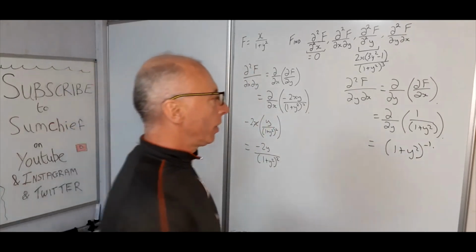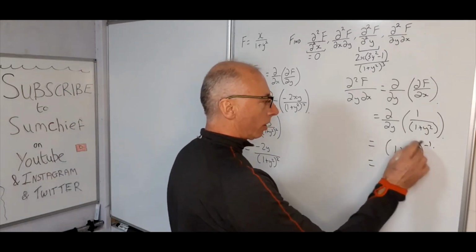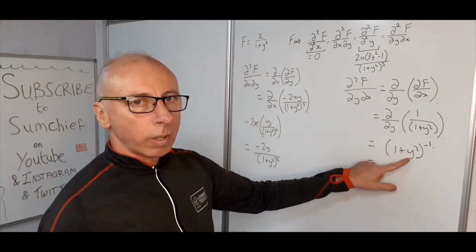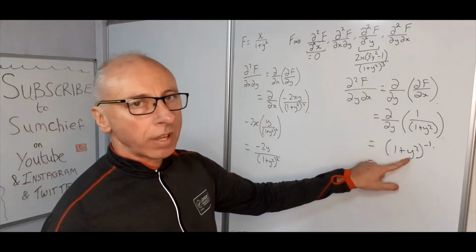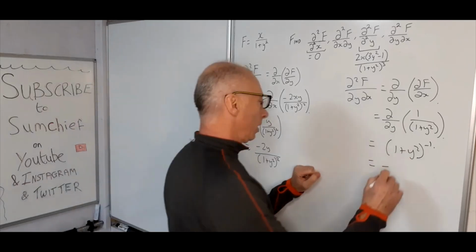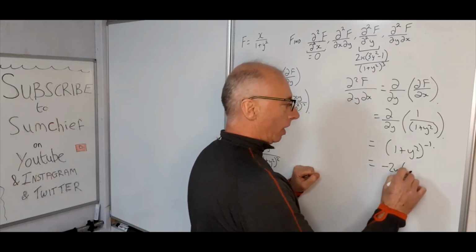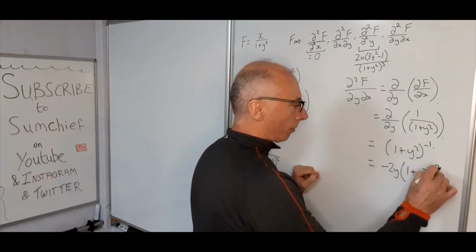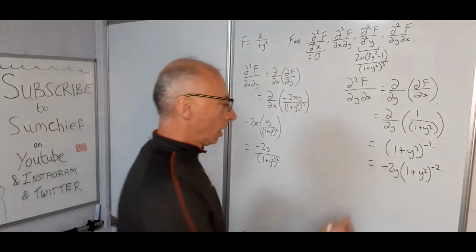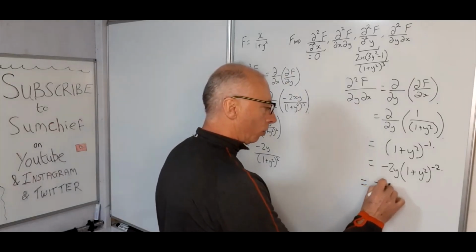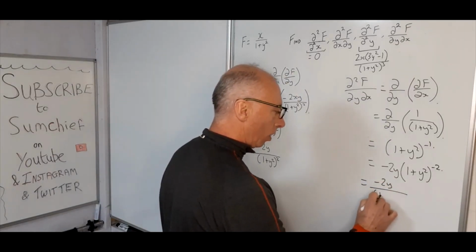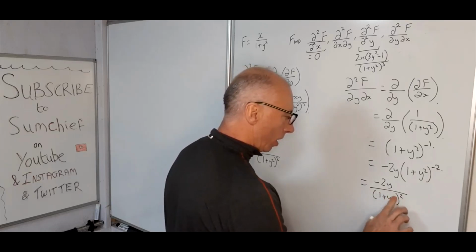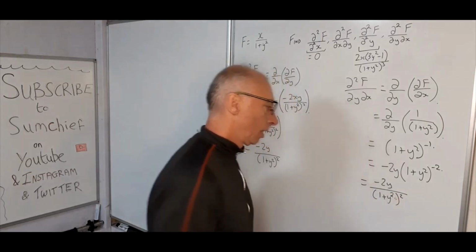If you take the partial of this, we end up with minus coming out the front, and the 1 plus y squared, we take the derivative of that with regards to y, which is 2y, so that's minus 2y, and then 1 plus y squared to the minus 2, using the power rule. So that equals minus 2y over 1 plus y squared squared, just write that a little bit tidier.